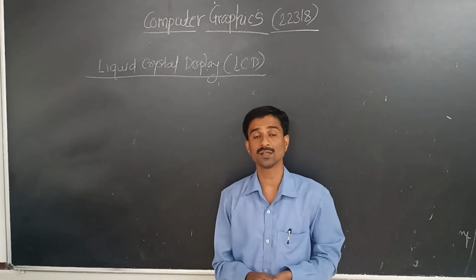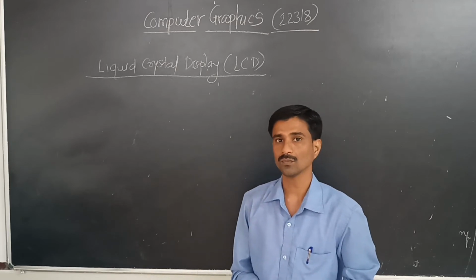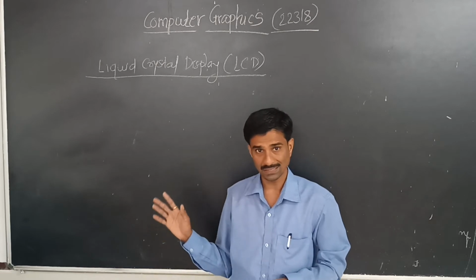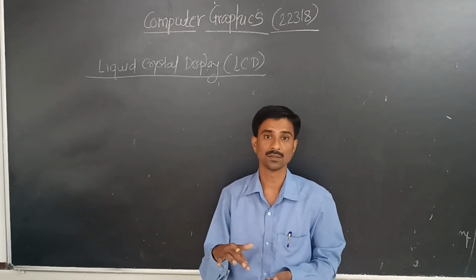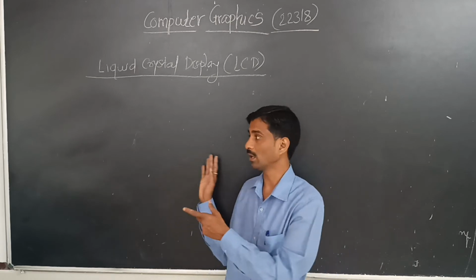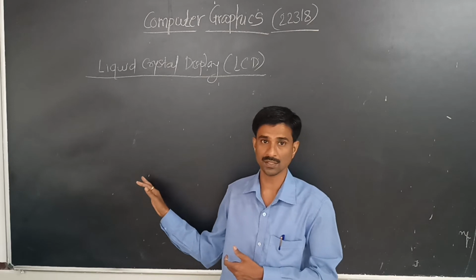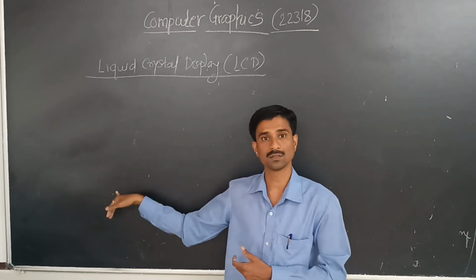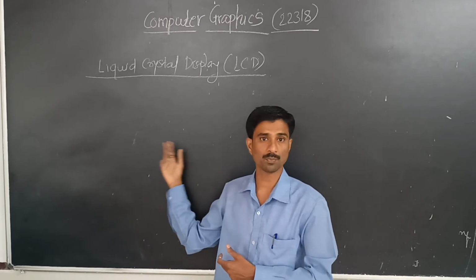So the polarizer is used to filter the light. We will see how the light will pass through that polarizer by diagram. We will see the diagram of when the light is passed from one polarizer to the other polarizer.